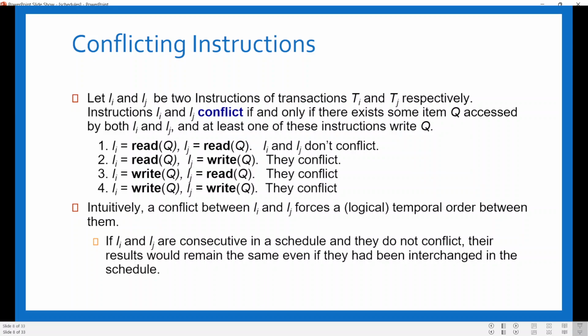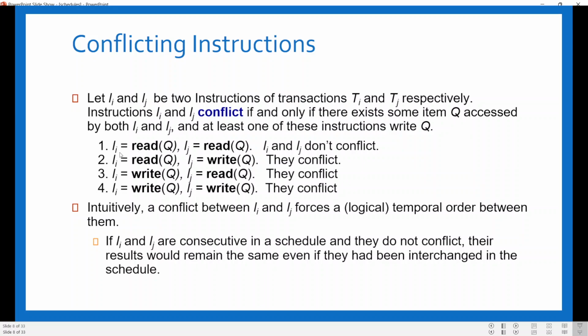So if we have two instructions in both the transactions, and both are accessing the same item, and if any of these instructions has a write operation, that means they are in conflict.